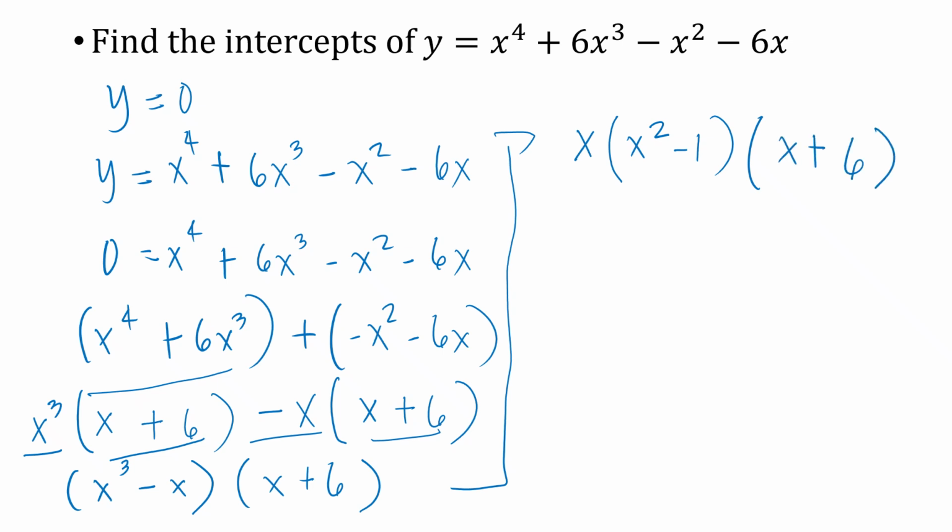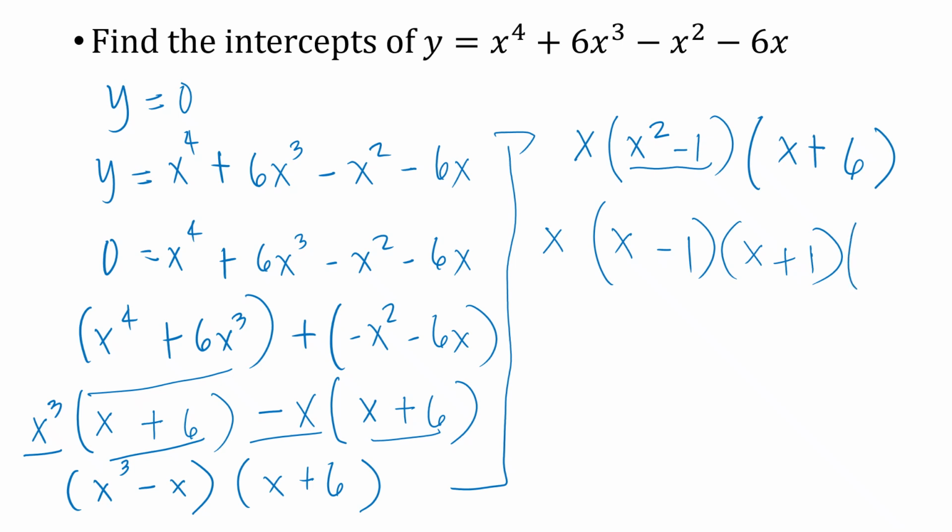Close parenthesis. Then makikita natin na mayroon pa ring x squared minus 1. So the x squared minus 1 can still be factored. Then we can factor this by x, then x, then plus 1, negative 1.